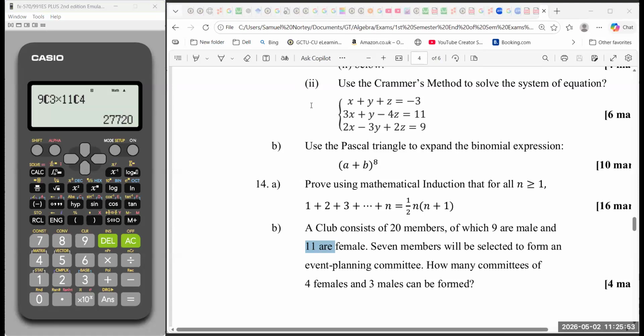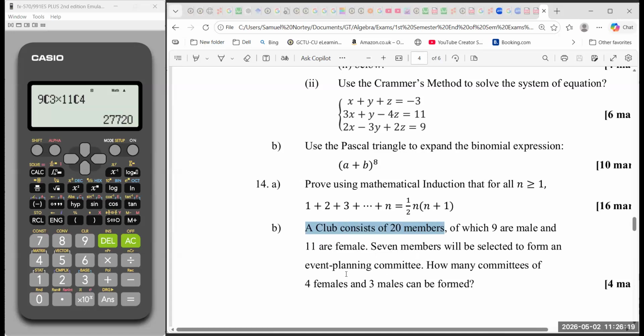Michael, your question, please. In solving combinatorics questions, do you have to show working, or can you just use the calculator and write the answers? In your working, because I'm online, you just tell us that you have 20 people made up of 9 males and 11 females.